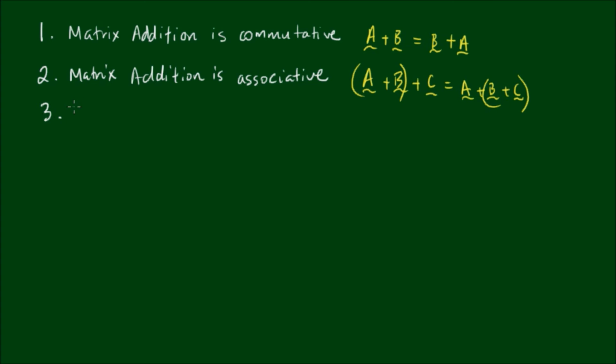Law number 3, the additive identity is the 0 matrix.